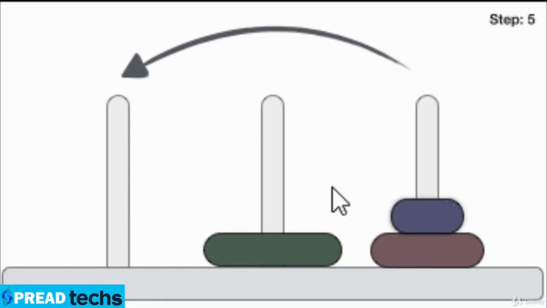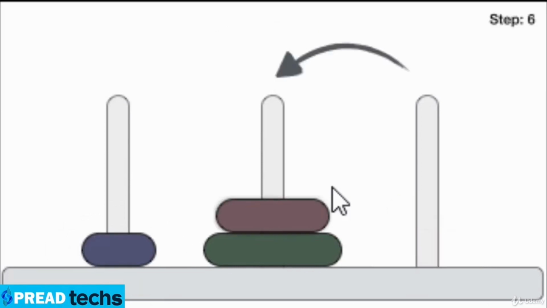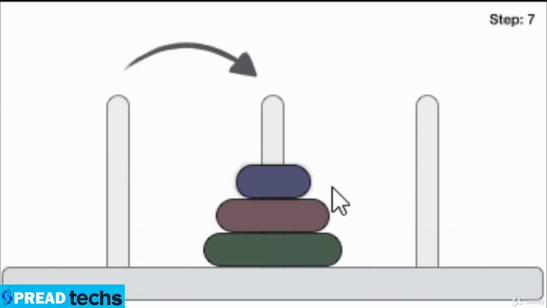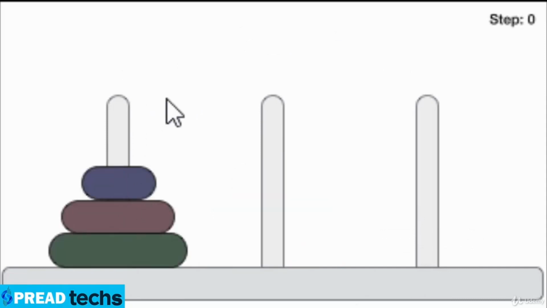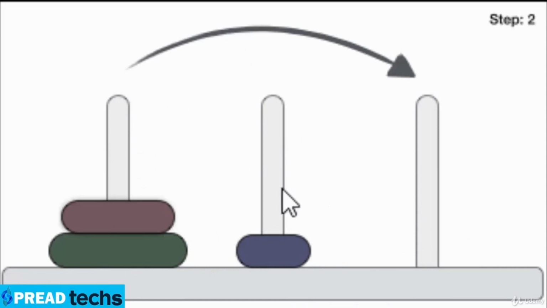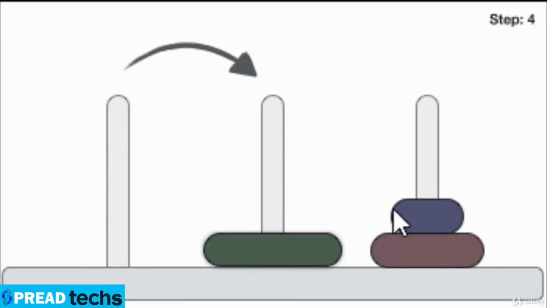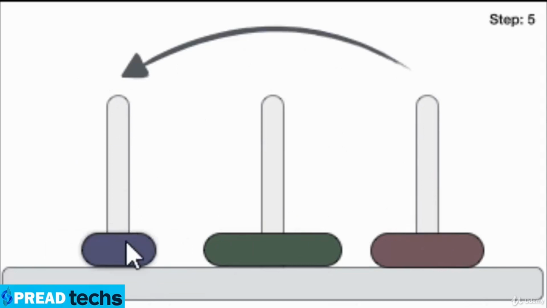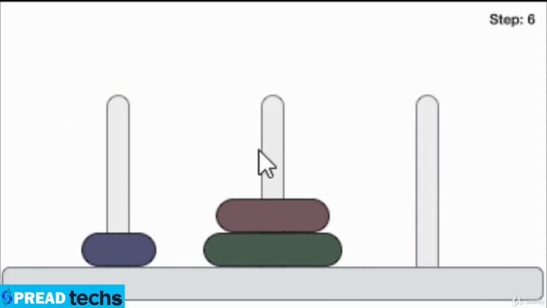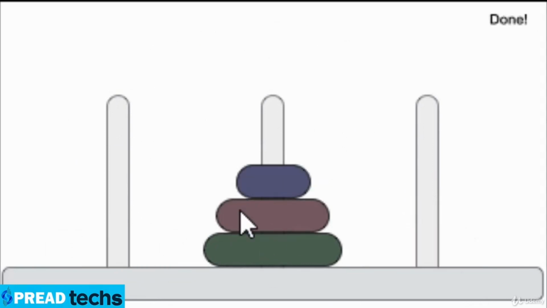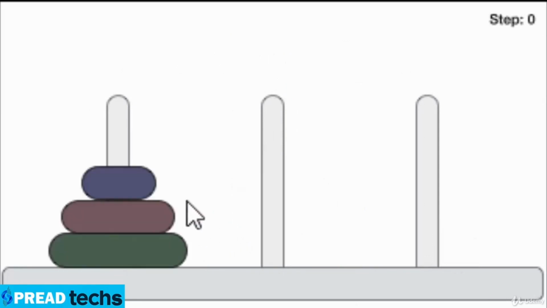So here you can see we have the three-disc Tower of Hanoi. The first one you can see here is moved to the destination. This is our source, this is our destination, and this is auxiliary. So we are moving our tower from source to destination.